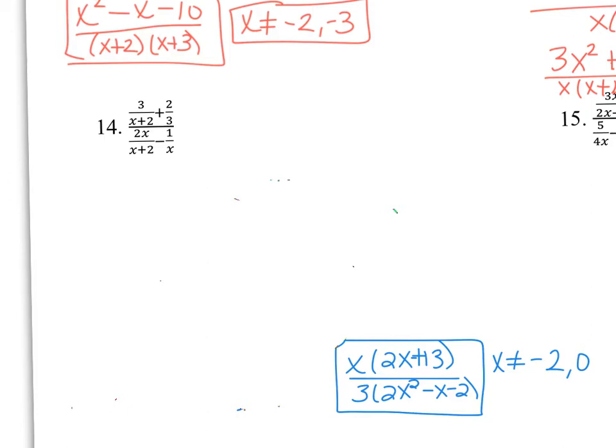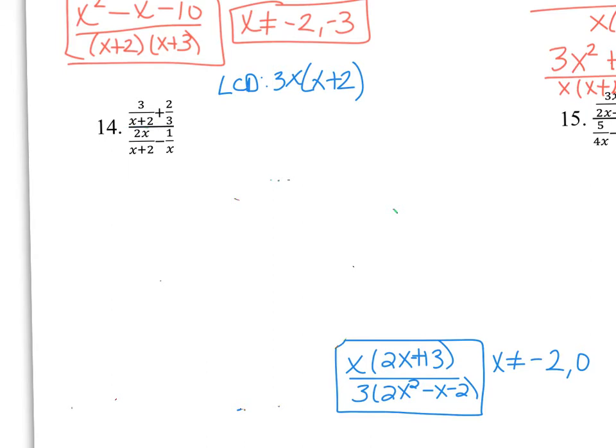So if I look at the top and the bottom, on the top my common denominator is 3 times x plus 2, and on the bottom it's x plus 2 and x. So the least common denominator is 3x times x plus 2.